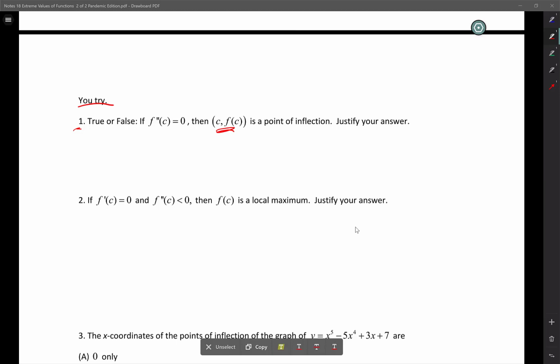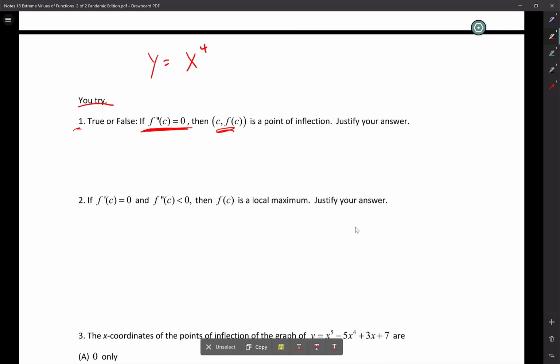Remember, we just need to have a sign change. If it's a polynomial, yeah, you can set it equal to 0. So think about x to the 4th. Does everyone agree that x to the 4th is always concave up? It looks like x squared.